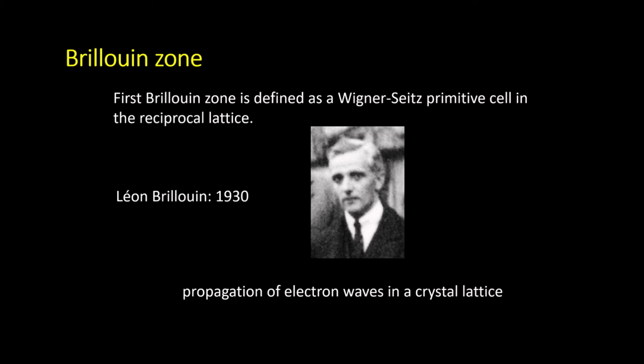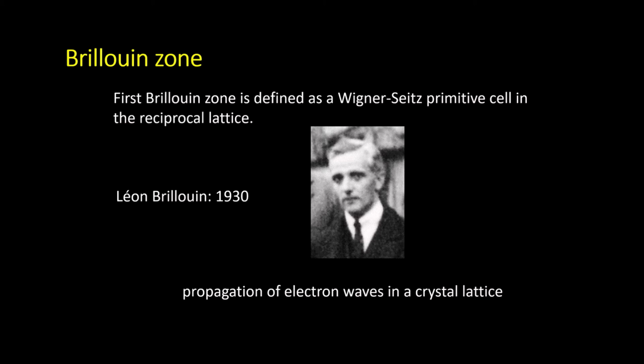This is the smallest volume entirely enclosed by planes that are the perpendicular bisectors of the reciprocal lattice vectors drawn from the origin. There are also second, third, etc. Brillouin zones at increasing distances from the origin, but these are used more rarely. As a result, the first Brillouin zone is often called simply the Brillouin zone.